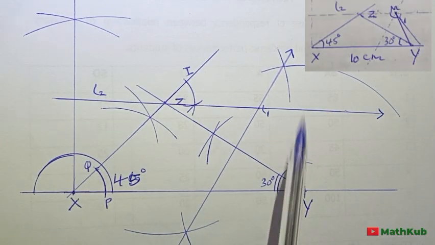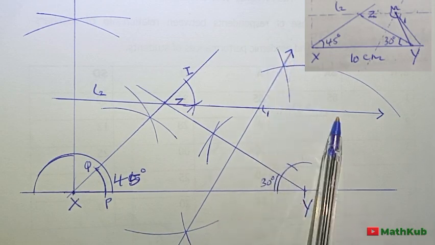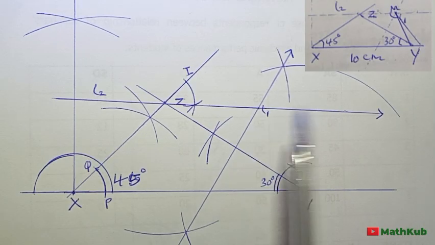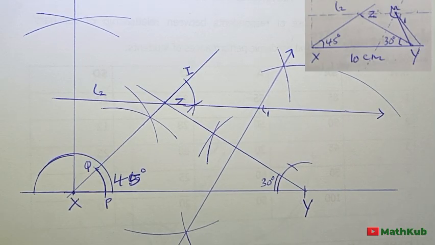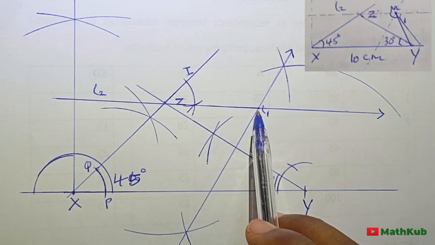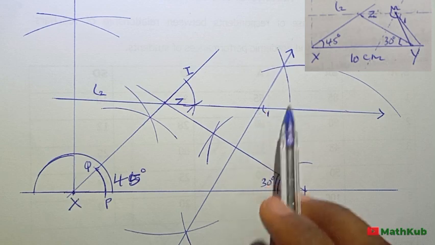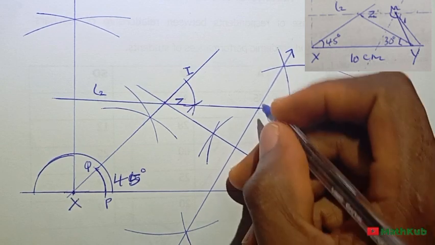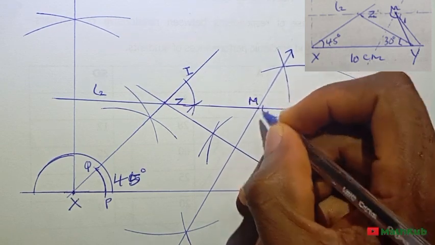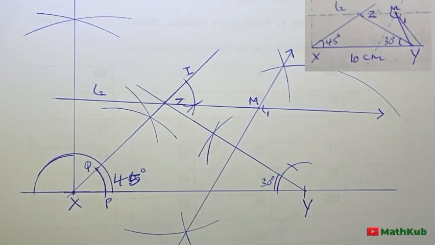So this is our L1 and this is our L2. Now part B says what? Locate point M, the point of intersection of L1 and L2. So here is the point of intersection of L1 and L2. We call this point M.